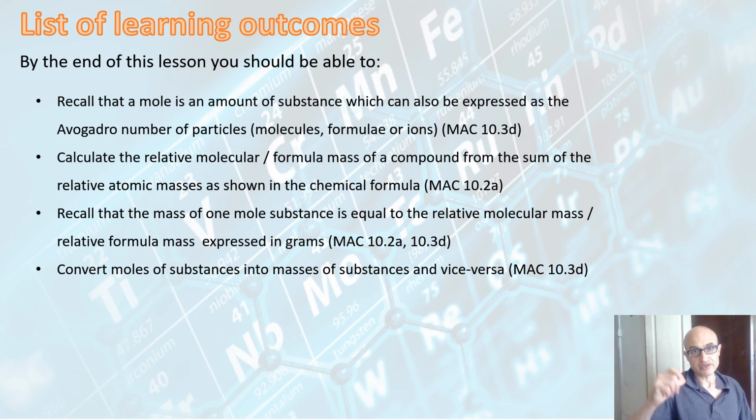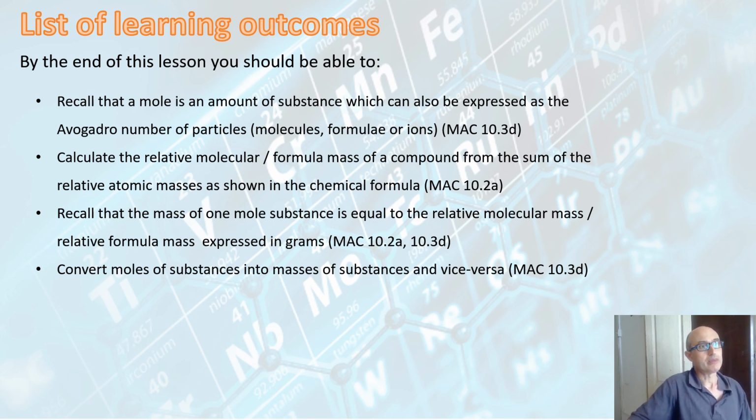Then, something that I've already introduced in lesson 1: you should definitely know by the end of this presentation that if I have, for example, 1 mole of iron, how do I find its mass? If you remember, you take your relative atomic mass, which in the case of iron is 56, and express it in grams, 56 grams. That's the mass of 1 mole of iron.